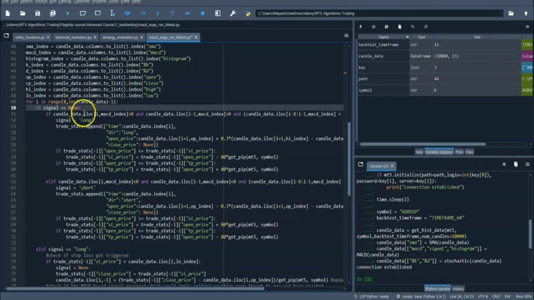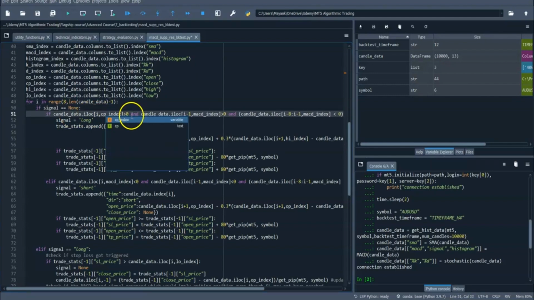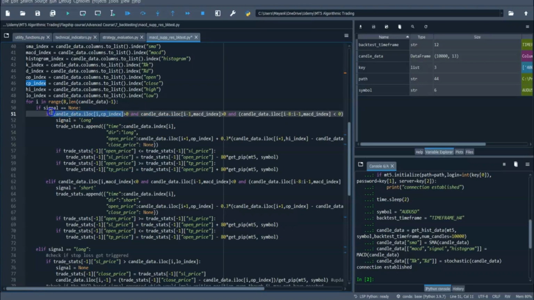So let's do that. So if candle data iloc i close price index, so CP index, if that is greater than the SMA index, so let me copy this and paste it here. This would be the SMA index. If the close price is greater than the simple moving average, then that's the first condition met.